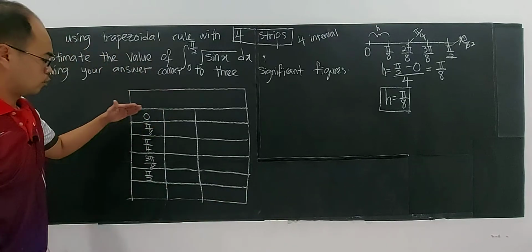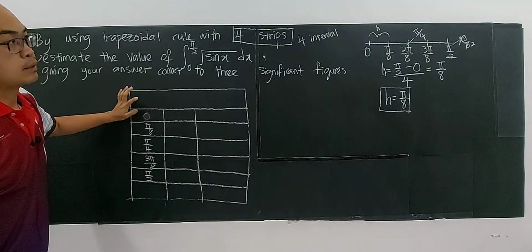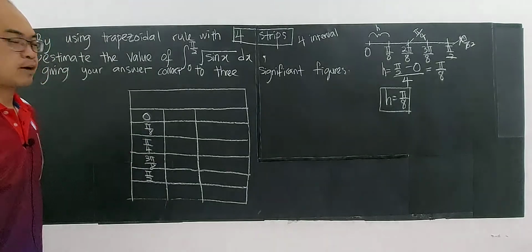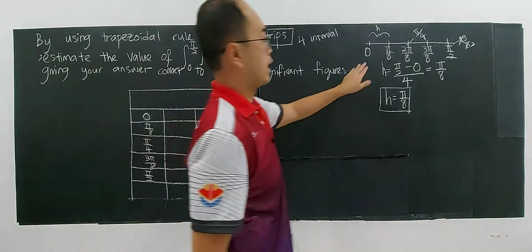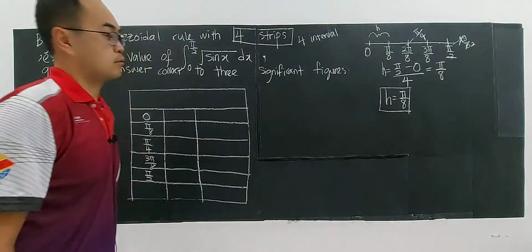So we have 5 ordinates here, but actually they make 4 strips and 4 intervals.